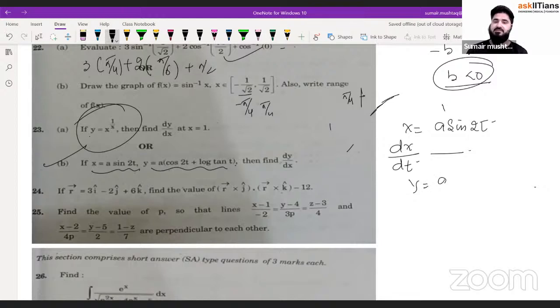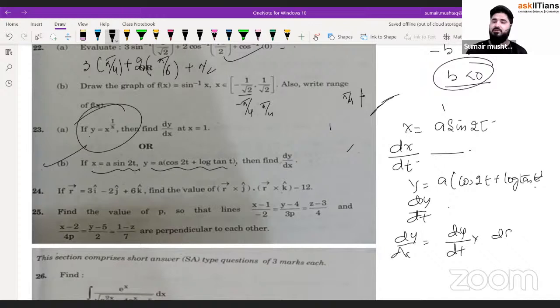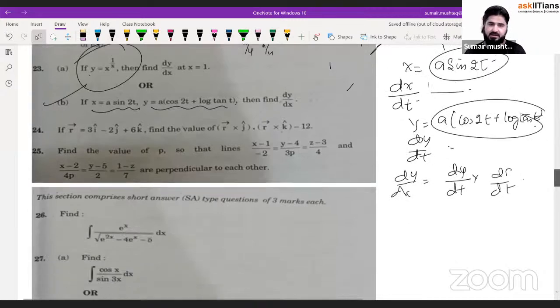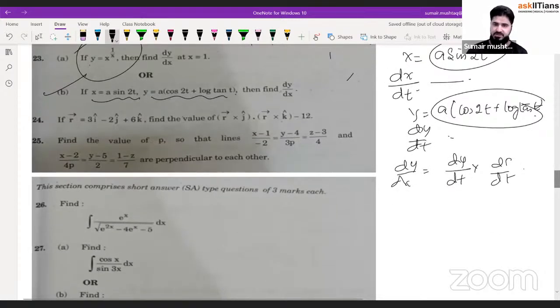If y is given as a cos 2t plus log of tan t, find the value of dy by dt as well. Okay, how to find the dy by dx? Dy by dx can be found as dy by dt into dt by dx. Simple. This derivative divided by that derivative, you will get the answer. Okay, just get this question. This is easy. That's why I'm just proceeding fast just to complete the things.